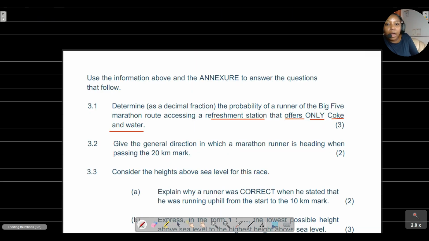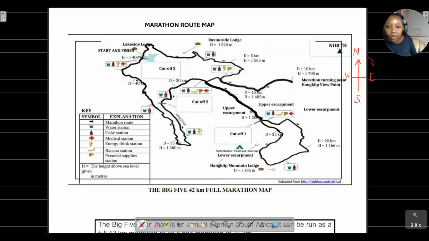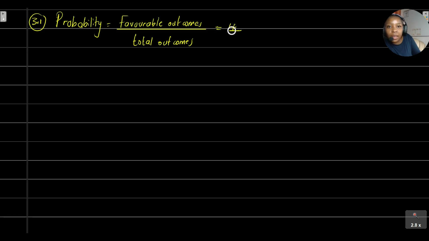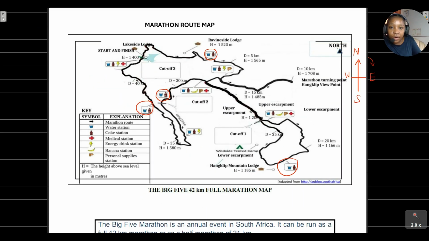So the favorable outcomes is basically the runners accessing the refreshment stations that only offer Coke and water. So we're just going to count those. So it's just going to be 1, 2, 3, 4. Okay, it's 4 over the total outcomes, which is how many refreshment stations there are, right? So we're going to count those.